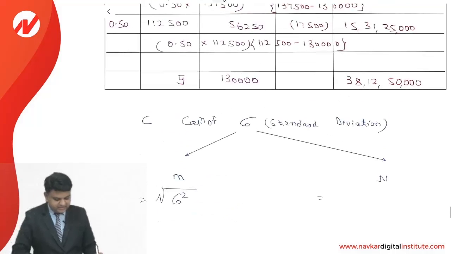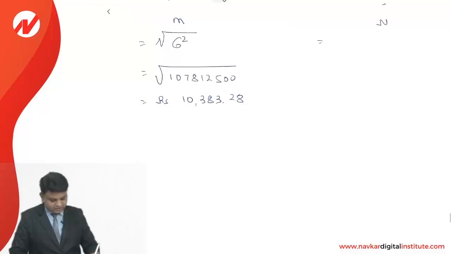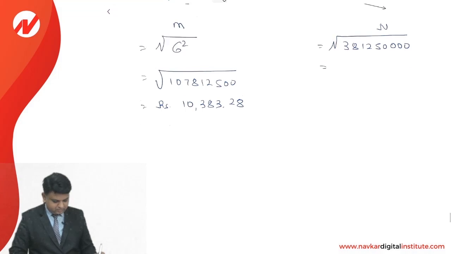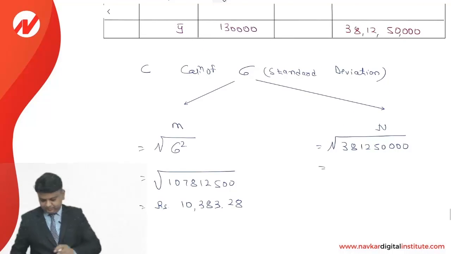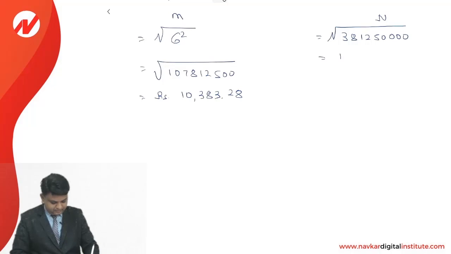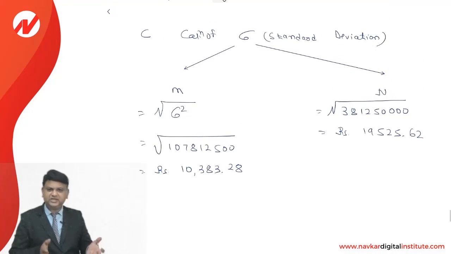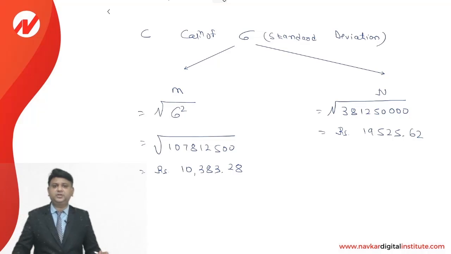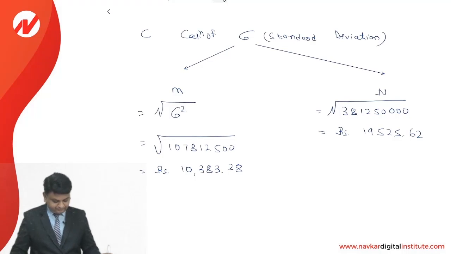And for project N, it is 38 crore 12 lakh 50,000, under root. It is 19,525.62. That's it. This is the way we are required to make the computation of the standard deviation.